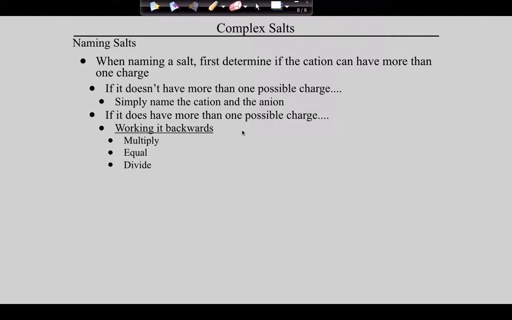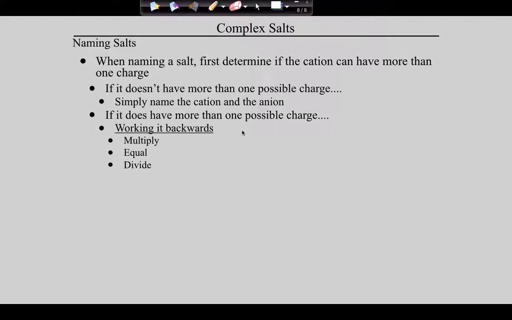So the process once again is this. When we're naming salts, first thing, look up the positive ion. If it can only have one charge, name the salt. If it can have more than one charge, we've got to figure out what that charge is. That will tell us the Roman numeral. And we do that through a process called working it backwards, which is the process of multiplying, setting something equal, and then dividing.